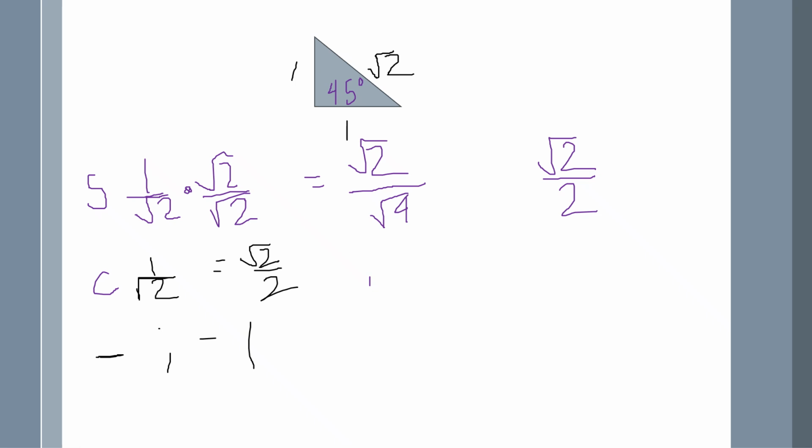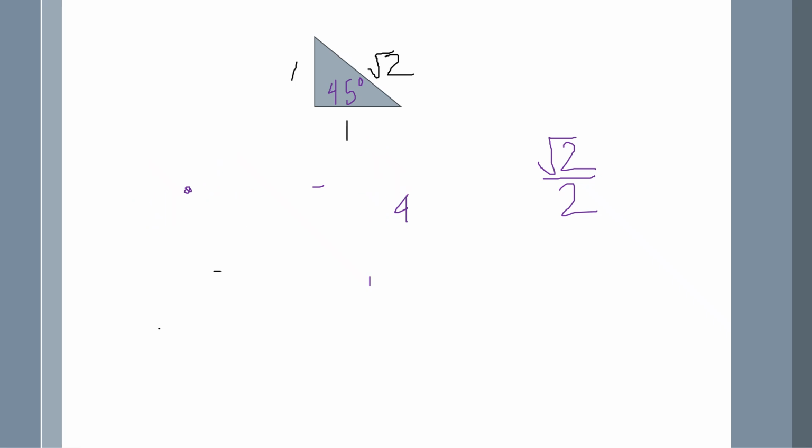Alright. Now, let's talk about those inverses already. So we have inverses like, for example, cosecant, which is CSC, is the inverse of sine.